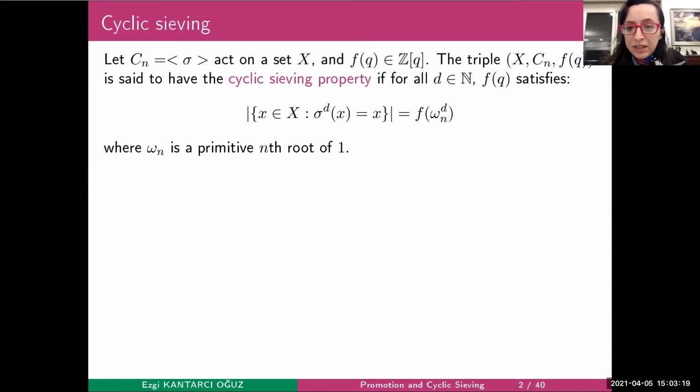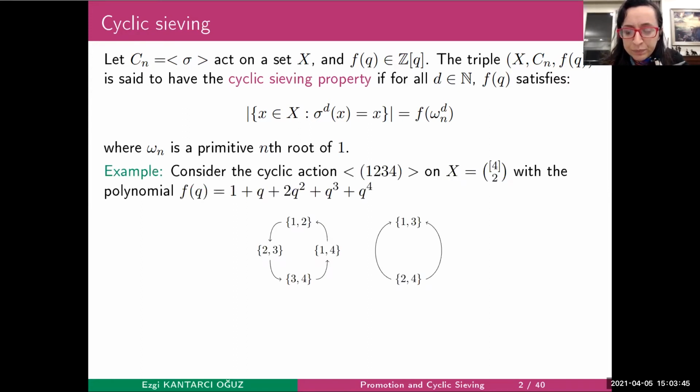And specifically, if the action is of order n, we take a primitive nth root of unity, and we plug it into the polynomial, and that gives the fixed points of the action. And if we plug in the powers of that root of unity, then we get the fixed points of the powers of the action. But it is easier to see it through an example.